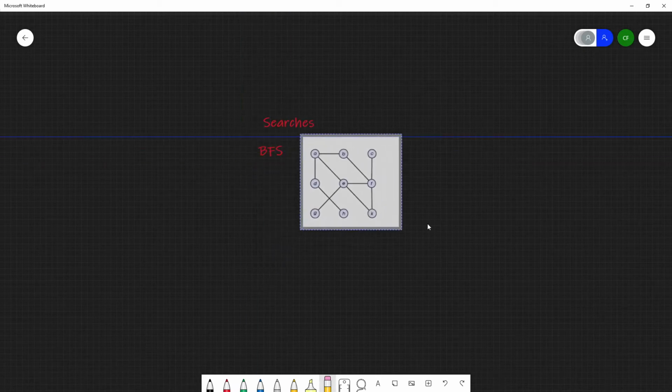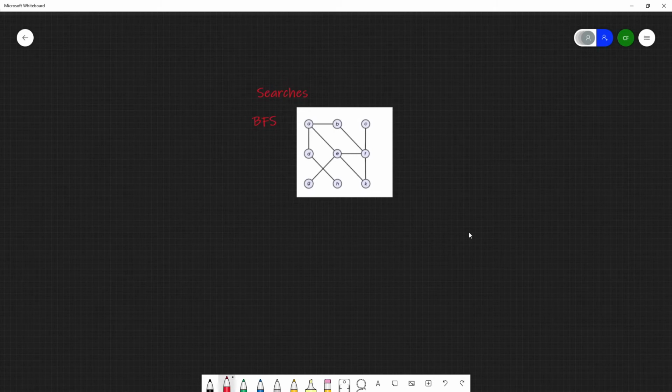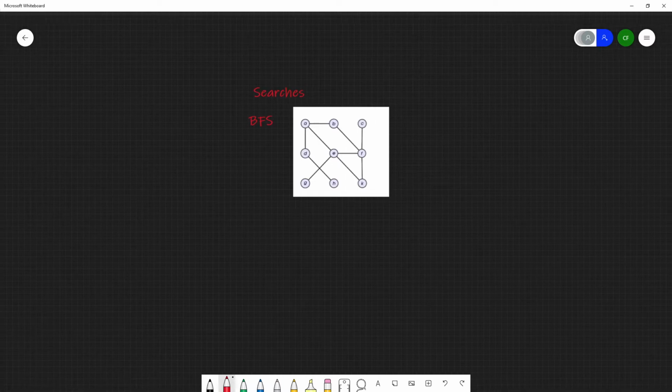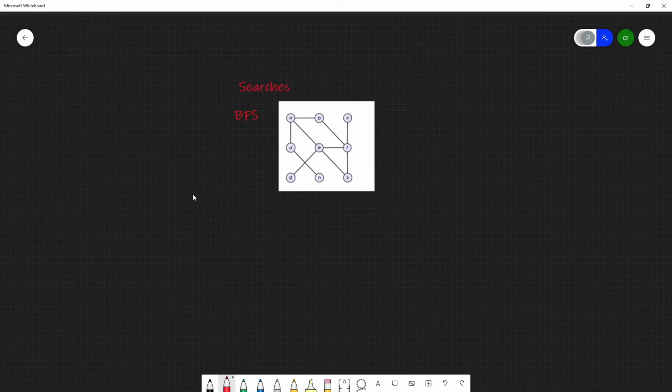So breadth first search is the first one. The idea is that we're starting at A, and I think we're just going to search for everything. The way this is done is we're not searching for anything in particular. We are just searching the entire graph, trying to traverse using this algorithm until we've searched everything.